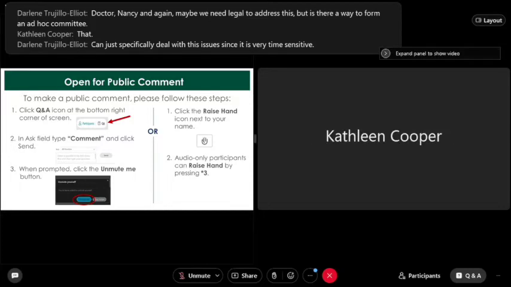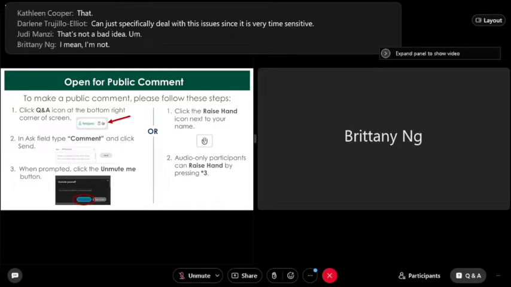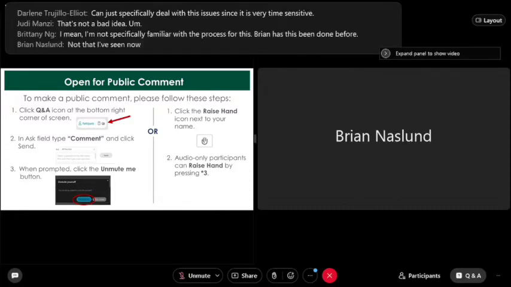That's not a bad idea. This is Brittany Ng. I'm not specifically familiar with the process for this. Brian, has this been done before? Not that I've seen, no. But I do know that we're going to have a working group with RHB, Public Health.